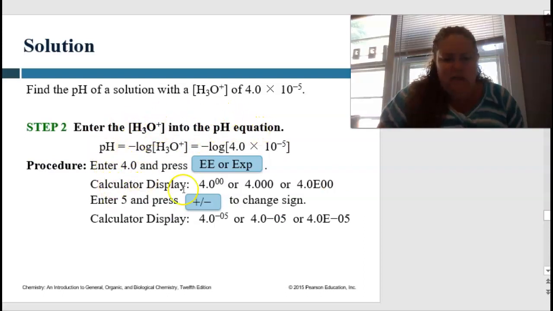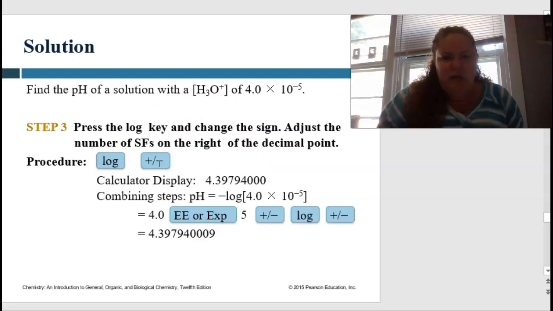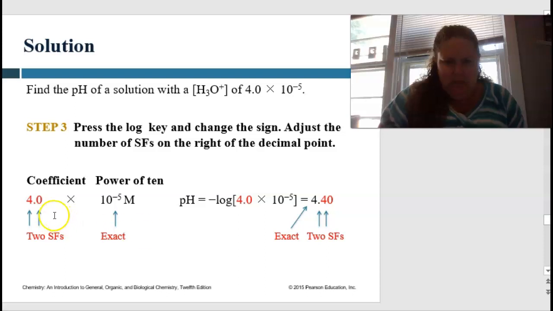These are the steps that you're going to use to push on your calculator. Your calculator is going to end up displaying 4.3979400, combining these steps. Again, this is what you're going to push to get this answer. And then let's figure out the sig figs. We have 2 sig figs. Again, 10 to the minus 5 is going to be exact. And so your 2 sig figs is going to end up giving you 4.40.